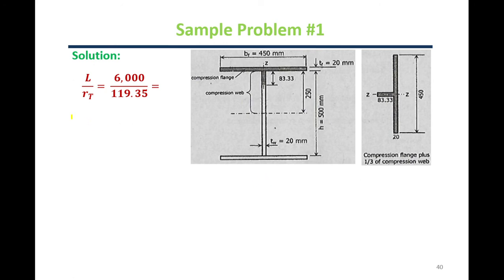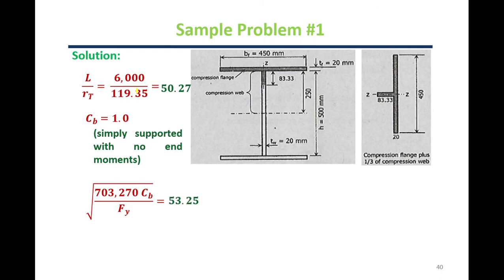Kaya naging 6,000 siya, kasi lahat ng value natin naka in terms of millimeter. Ayan. Di ba? Kaya baka magtataka bakit 6,000 siya. Saan galing yun? Kasi 6 meters convert into millimeters, that is 6,000 millimeters. So, we use this value of CB, that is 1.